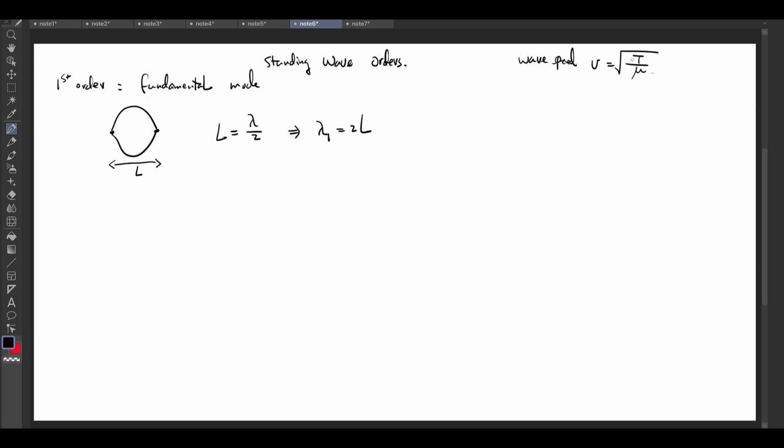Suppose we know that, then we know V equals lambda times F, and that applies to any order of standing wave. So let's call it lambda n Fn. Now from here, we can say the frequency F1 equals V over lambda 1 equals V over 2L. Okay, so that's the fundamental frequency.